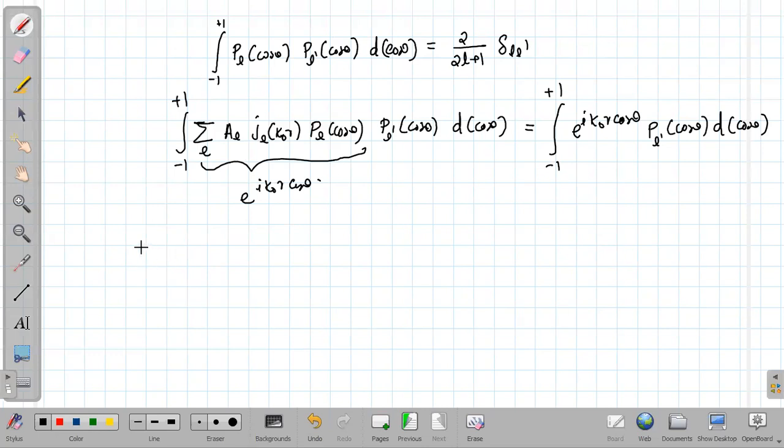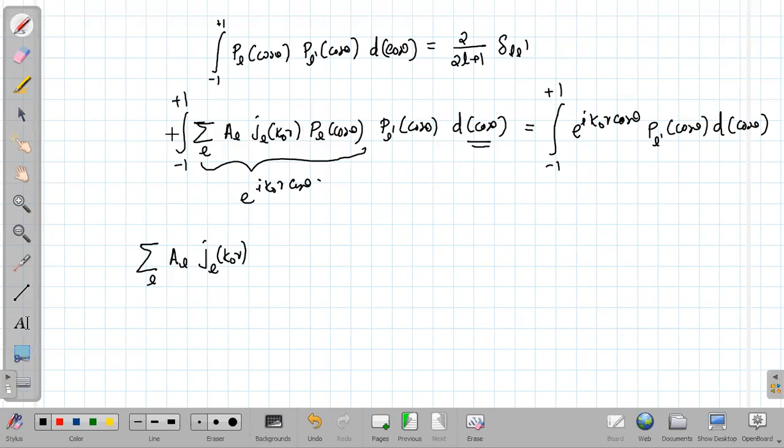Okay, so the sum over L can be taken outside, AL can also be taken outside, and JL of K0R can also be taken outside because the integration is over cos theta.